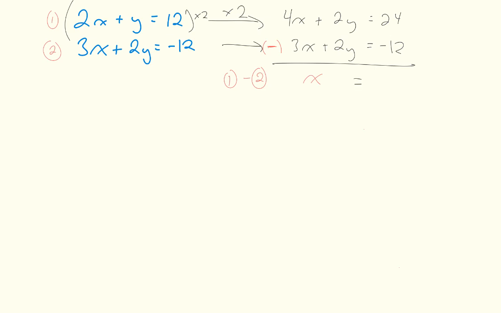I have an equal sign. 24, careful here, 24 minus negative 12 will give me exactly 36, because it will actually be 24 plus 12. And I will get that x equals 36, and here I can sub x equals 36 into 1.